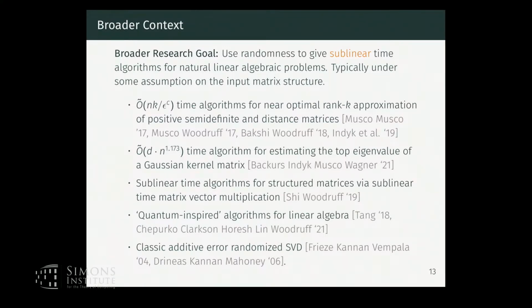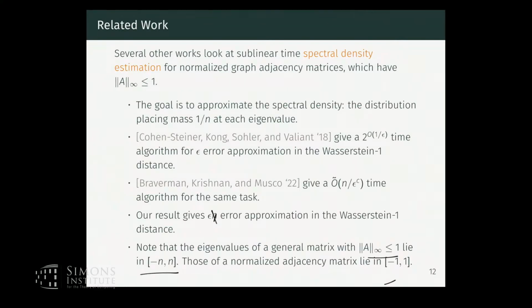Sorry, I think I missed something in the implication for Wasserstein distance. I thought your algorithms were saying that anything basically smaller than epsilon n, you could freely give 0. Isn't that epsilon n squared Wasserstein distance? Yeah, so if you added up our guarantee, our total L infinity norm is like epsilon n squared.